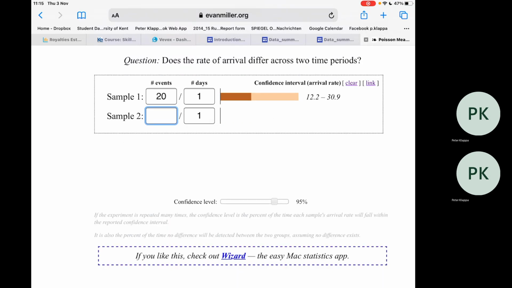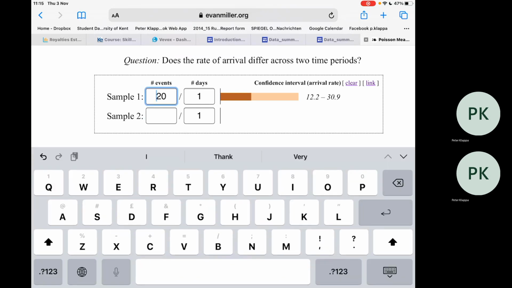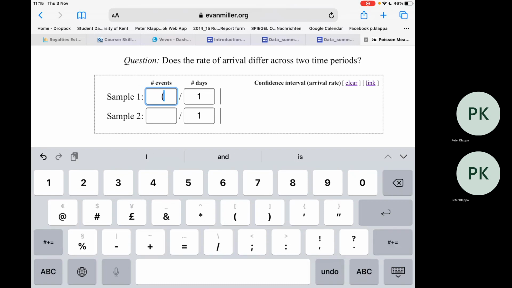And we said we have 7 colonies on a single plate. And it says here events and days. This is just simply because this calculator is used for some other purposes, but it does exactly the right calculations.